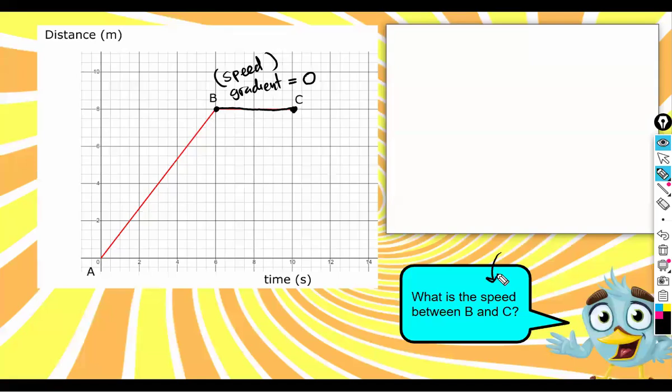If he just phrased the question like that, the answer is just zero. You have the option of just stating it as zero, right? But if he says calculate or show the value of the speed between A and B, if he phrases it like that, then you have to do all the working. Okay? Right?